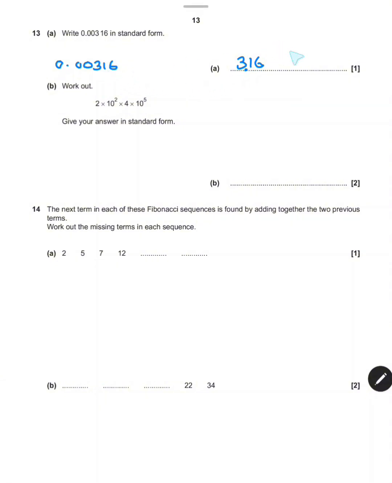In order to create the number that I started with, I'm going to go 1, 2, 3 jumps to the left. So what I write is 3.16 times 10. To get these jumps to the left, I need to put a negative 3. 3 is the amount of jumps, and the negative is because I bounce to the left.